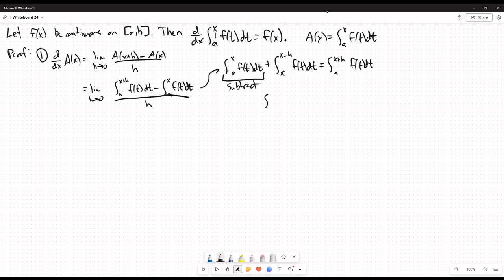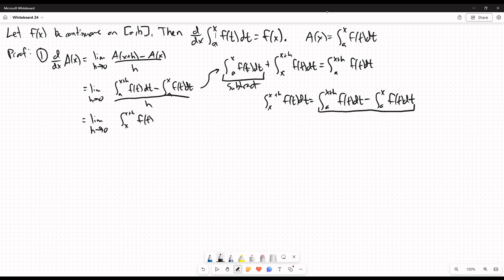And what I'm left with is that the integral from x to x plus h of f of t dt equals the integral from a to x plus h of f of t dt minus the integral from a to x of f of t dt. Which, hey, look, that's exactly what we have in the numerator here. So I can go ahead and rewrite this as the limit as h goes to 0 of the integral from x to x plus h of f of t dt over h.